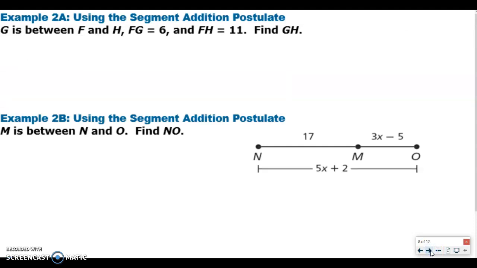So example 2a, using the segment addition postulate. So G is between F and H. They're just telling us what it looks like, so we may even want to draw a picture. We know G is in between F and H. So I'll draw my line. We have F, H, and we know G is in between.